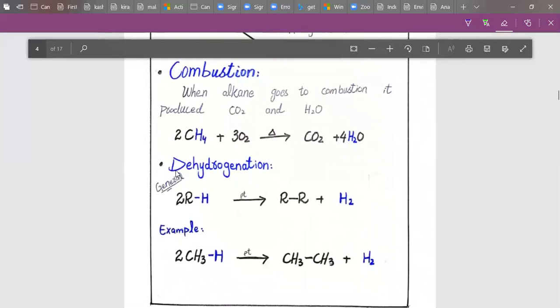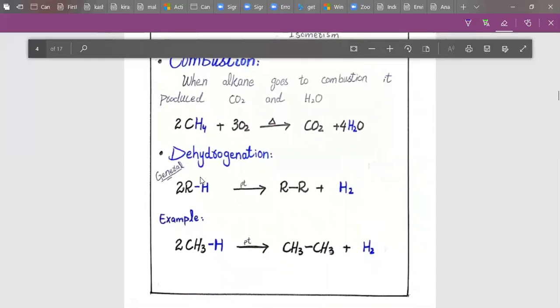Dehydrogenation: de means removal and hydrogenation means hydrogen. So the complete meaning of dehydrogenation is the removal of hydrogen. In this process, we remove the hydrogen from alkane and then we get a symmetrical alkane. This is a general process.